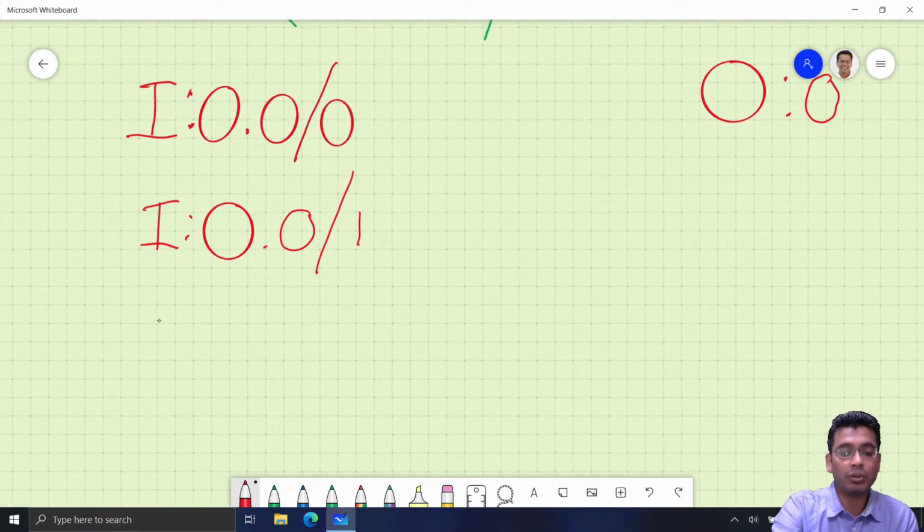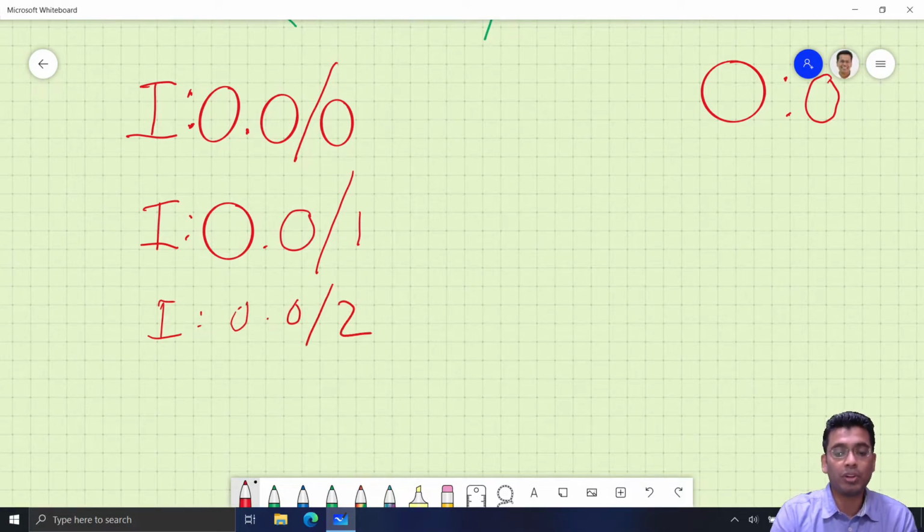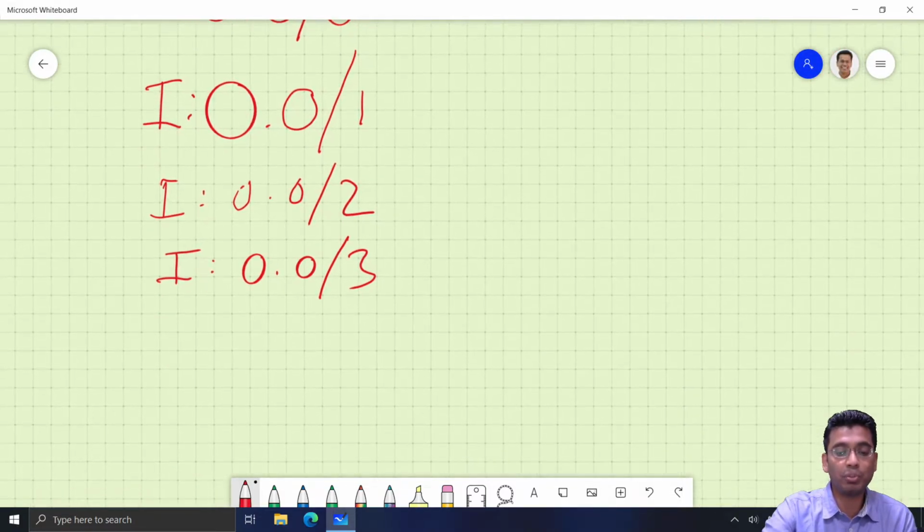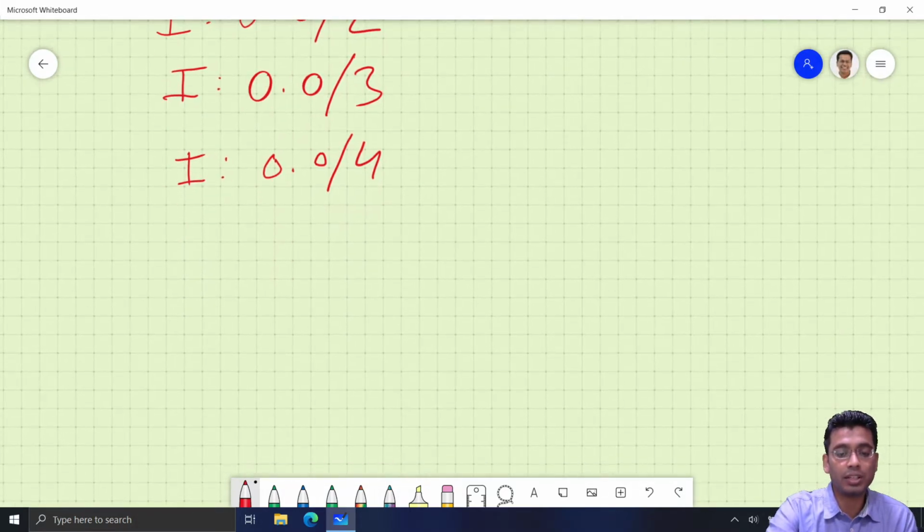Similarly, it can go to I:0.0/2 for my third input, 0.0/3 for my fourth input, and then I can go on like this: /4, and then all the way up to 5, then 6, and then finally 7.